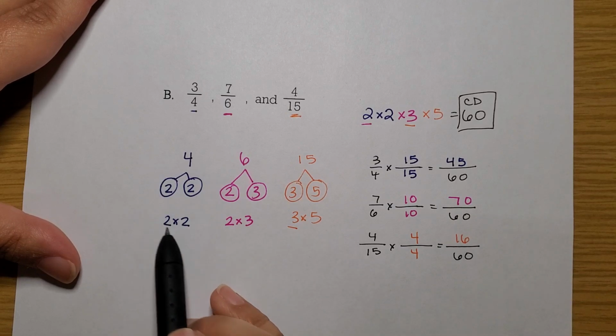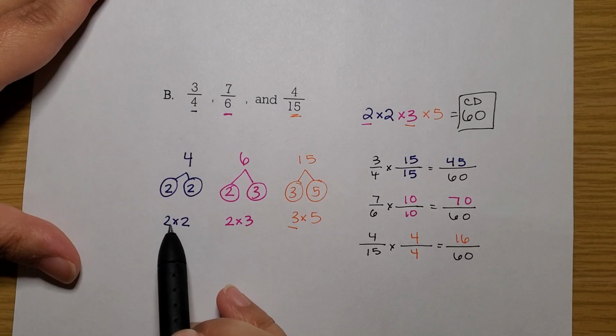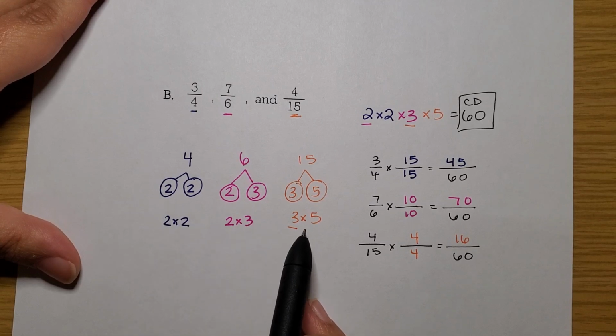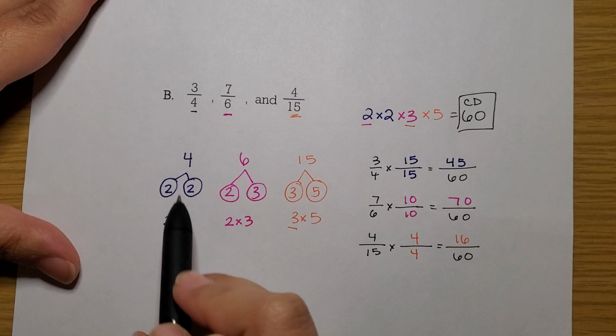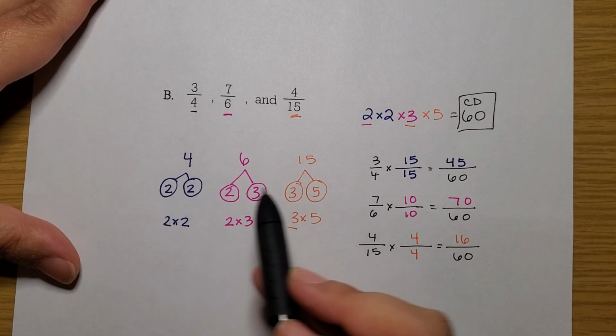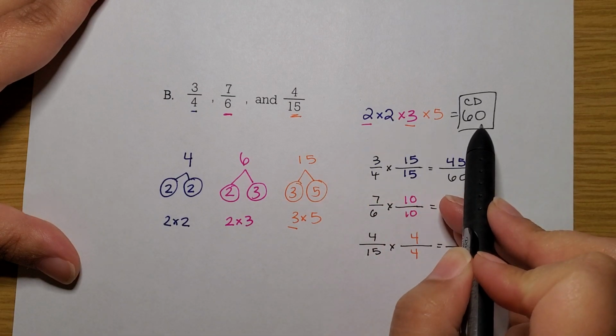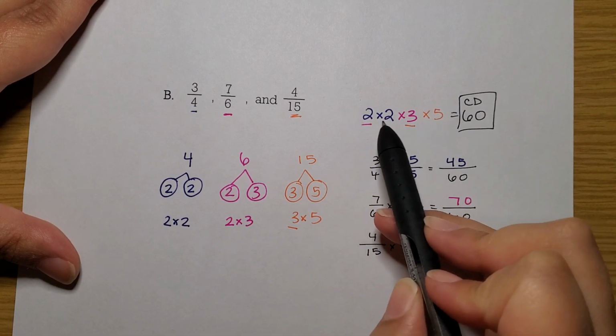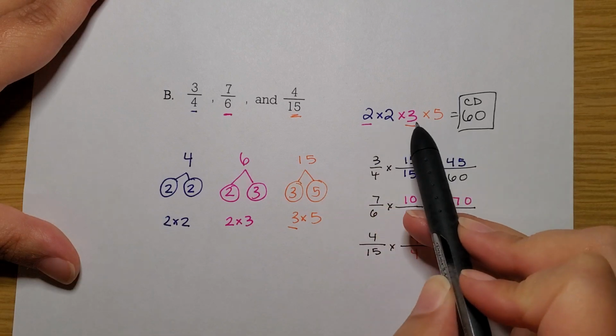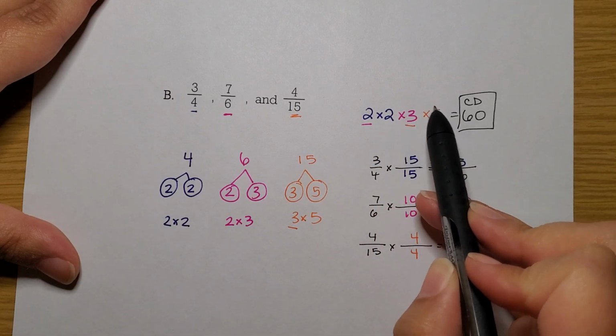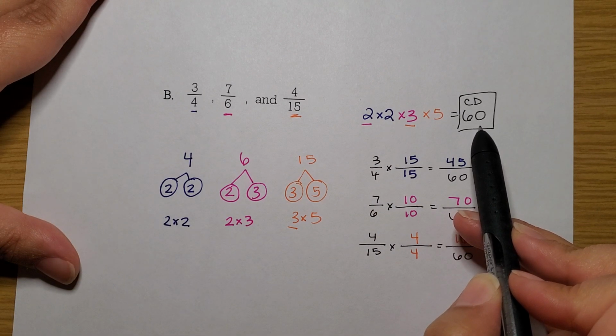So when we create our prime factorization, this is an alternate way of writing your denominator. 2 times 2 is the same as 4, and here's 4 lurking as a factor of our common denominator. 2 times 2 is 4, and so 4 times 15 will get you 60.